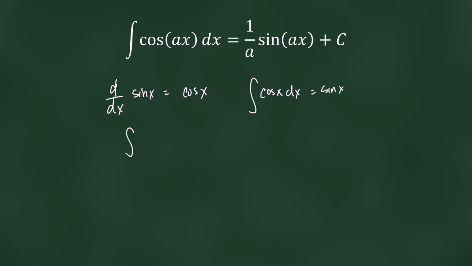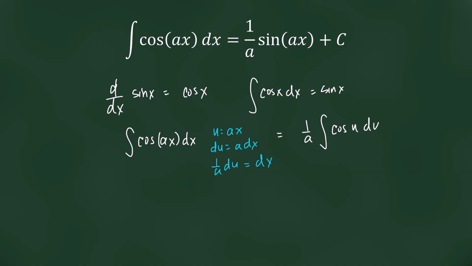So if we look at the antiderivative of the cosine of ax dx, we can do a very simple u substitution, letting u be ax, so that du is a dx, which means that 1 over a du must be dx, so that our integral becomes 1 over a times the integral of the cosine of u du. That is just going to be sine of u plus a constant. And so we see that we do in fact get 1 over a times the sine of ax plus a constant.